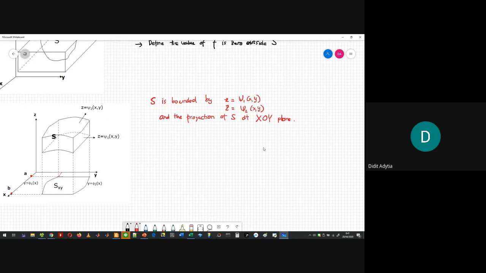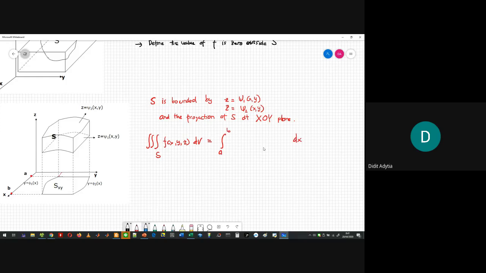Okay, now we define the integral. Okay, the integral over the S of f x y z dV over S, kita definisikan berdasarkan gambar ini. Oke, yang gambar di samping itu adalah yang pertama adalah x-nya. X-nya dari A ke B. Okay, this is dx.